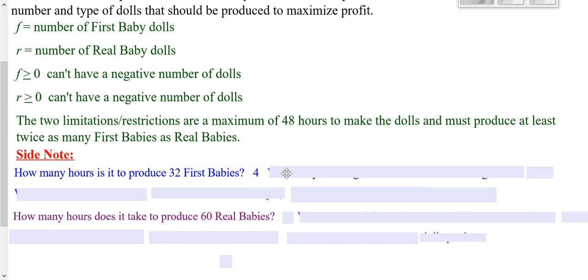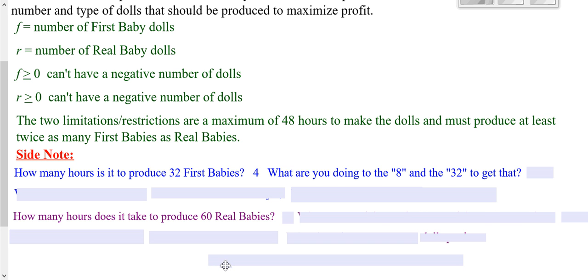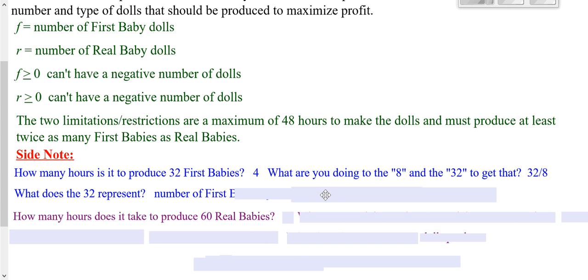So my question is, what is it that you're doing to the 32 and that 8 in our problem to come up with that 4? Well, in this case, we're dividing them. If you think about what those numbers represent, the 32 represents the number of first babies, which we're calling F. And the 8 represents the babies per hour.